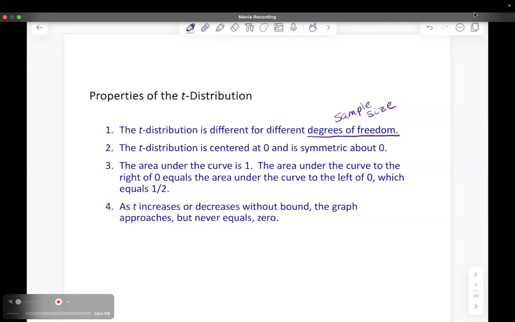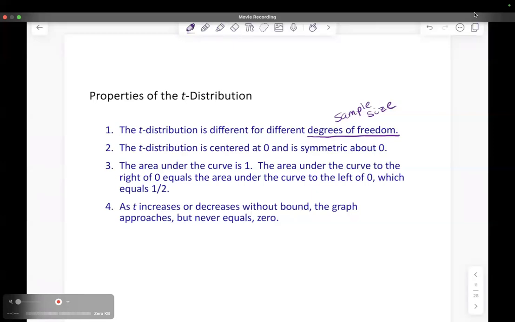So we're centered at 0 and it's symmetric about 0. The area under the curve is 1, just like it is with Z, 50% on the left and 50% on the right. Same with Z values, as it increases without bound, going towards infinity in one direction and the other, it's going to get really close to 0, but never reach it.